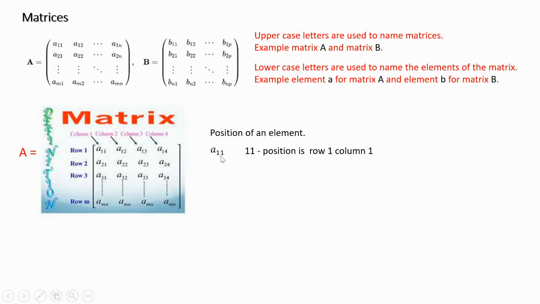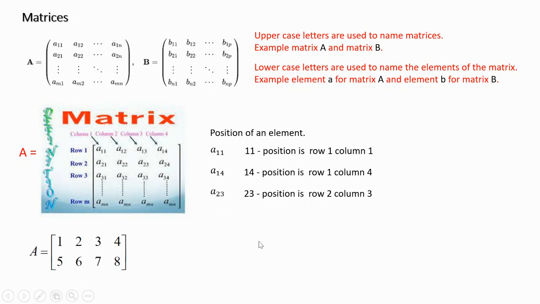So the 11 means row 1, column 1. A14 means row 1, column 4. The first number is the row, the second number is the column. Now A23 will be the same thing: second row, third column.